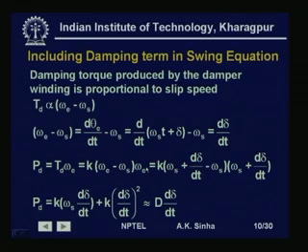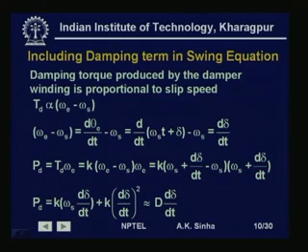Now, in this whole expression, we have not considered the damping torque at all. The mechanical torque input and the electrical output torque were considered, whereas we did not consider the damping torque. But whenever there is a relative motion between the synchronously rotating magnetic field in the air gap and the rotor position or rotor speed, a voltage is developed in the rotor bars.